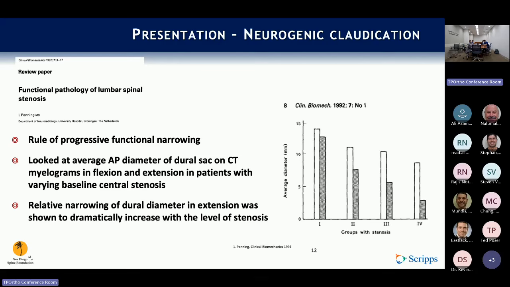There was about a 9% difference in the canal diameter with flexion extension, and then leading all the way up to group 4, the most stenotic group, there was a 67% relative difference in the canal diameter with flexion extension. So overall, the most stenotic patients were also the most stenotic in flexion or extension compared to the other groups, but the relative change in canal diameter between flexion and extension was more dramatic in the most stenotic group.